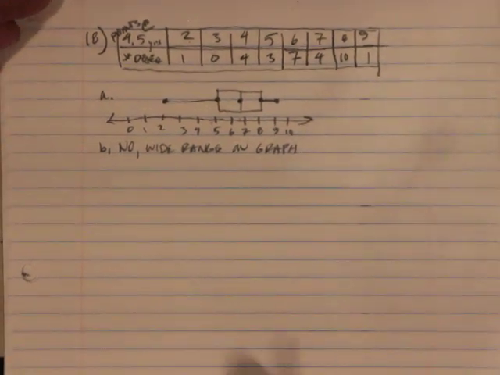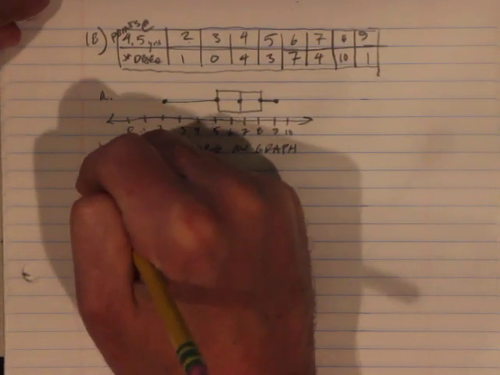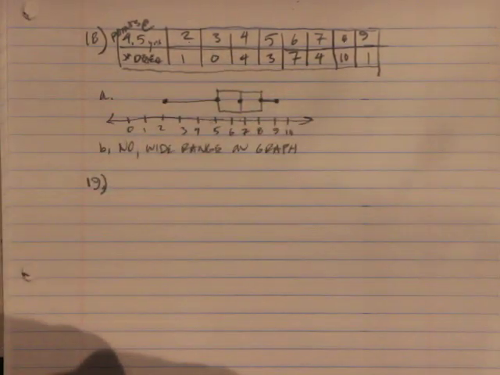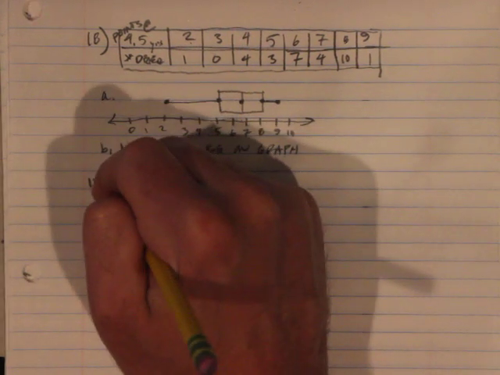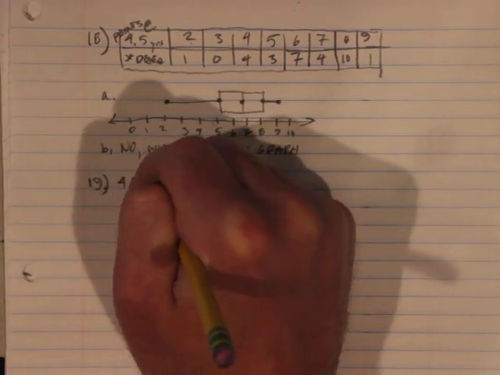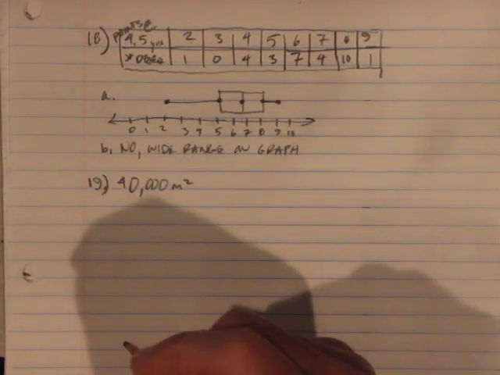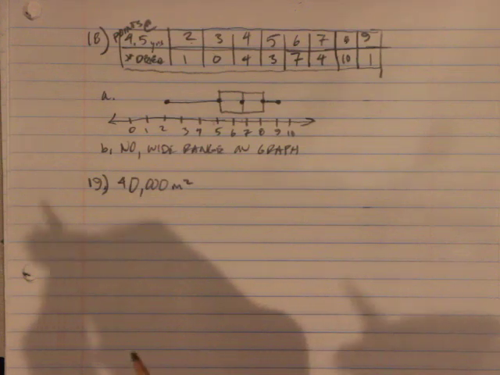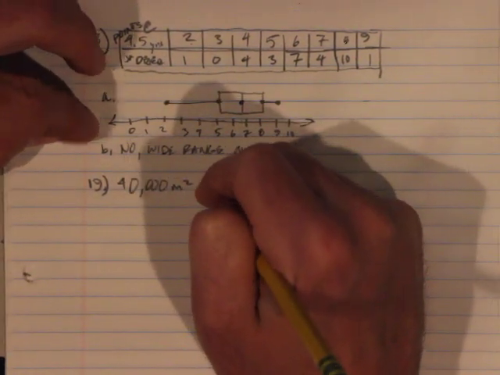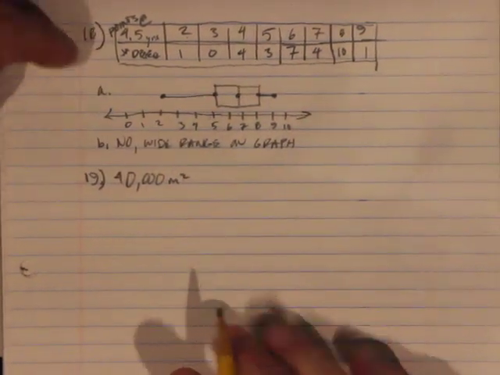All right, number 19. Main Market Square in Krakow, Poland, has an area of 40,000 meters squared. Find the length of one side of the square. So this is a square.